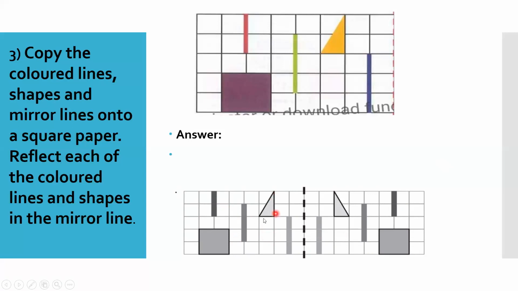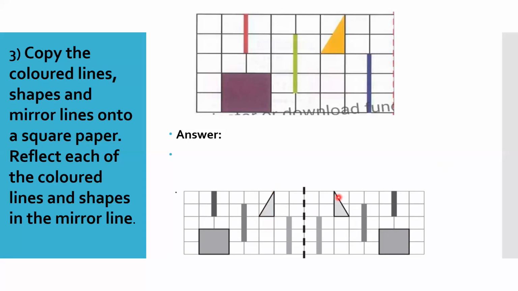Now coming to this triangle, this is a right angle triangle, right? If you want to get the mirror image of this particular triangle, what do you have to do? You have to do only one thing: the reflected image in the mirror line means the flipped image of this triangle.